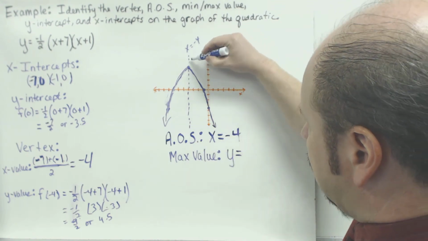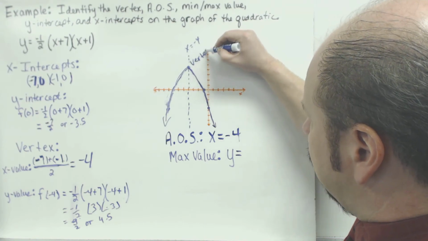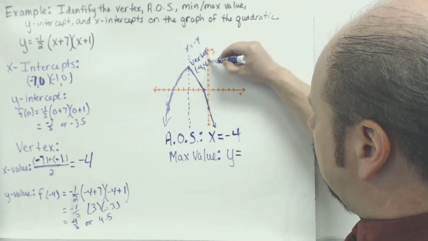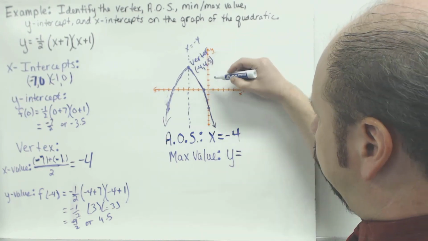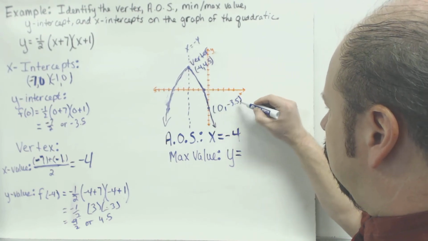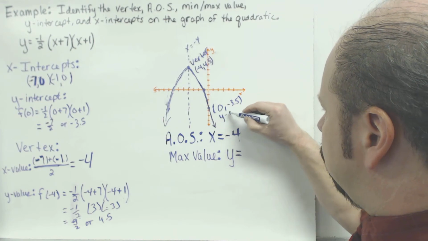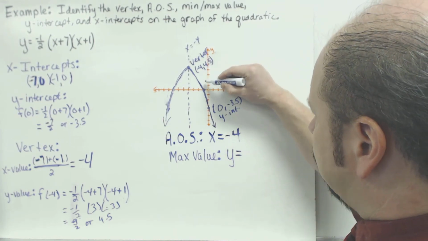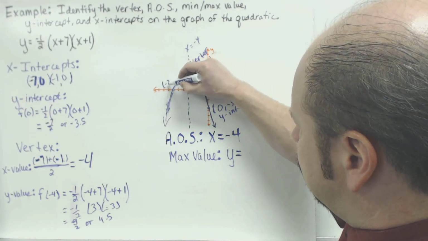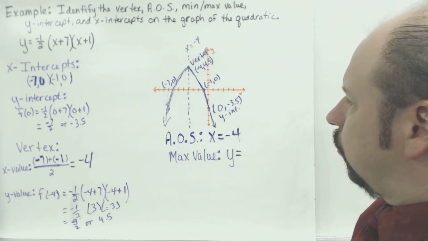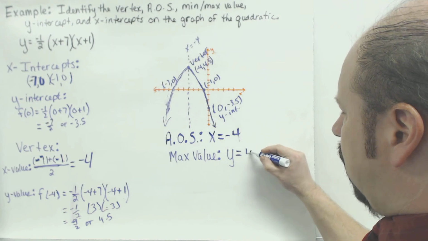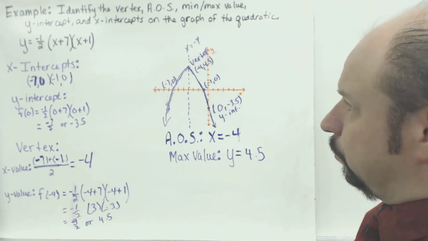Remember our x value, that's where our vertex is, so we need to label our vertex. -4, 4.5 is our vertex. We have 0, -3.5 for our y-intercept. Our x-intercepts are -1, 0, and -7, 0. Okay, and now our maximum value, well, that's 4.5 is our maximum value.